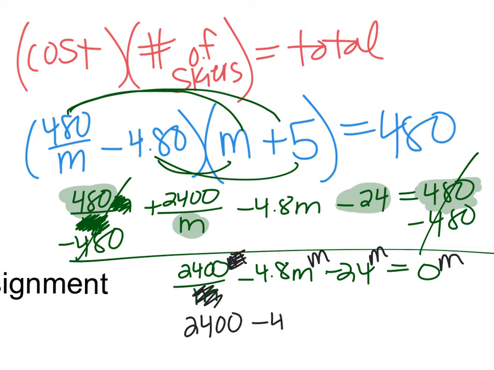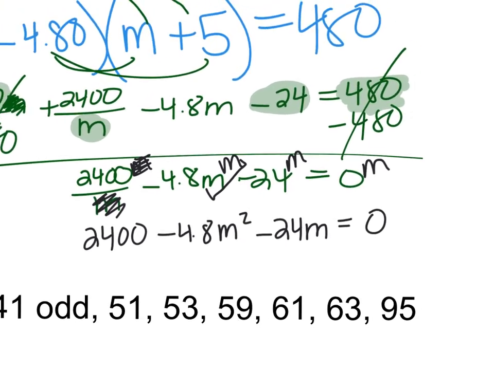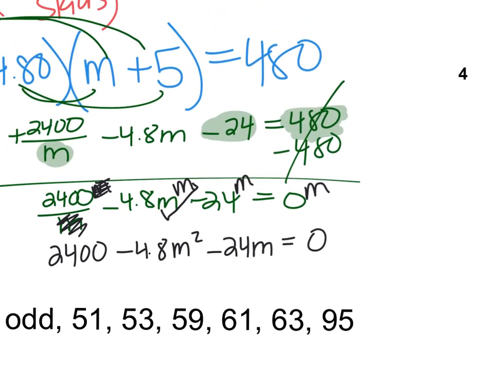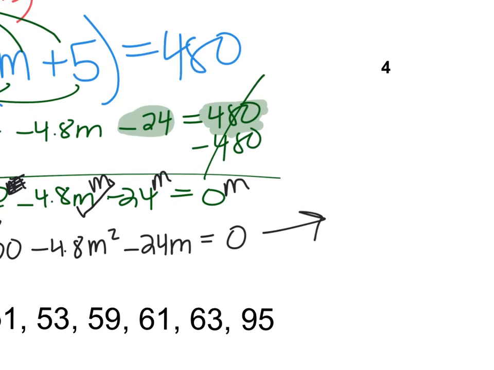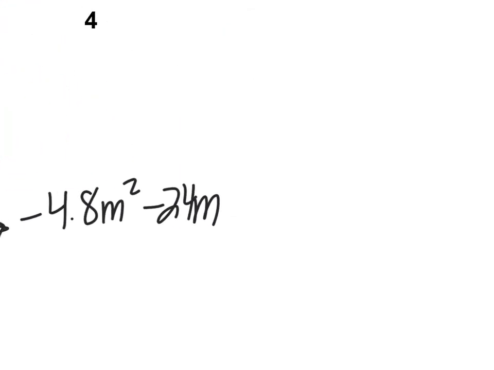And then negative 4.8, and this is going to be M times M, so M squared, minus 24 times M equals 0. And then I want this in standard form, so I'm going to write it off to the side here so I don't run into your assignment. So in standard form, it'd be negative 4.8 M squared, and then negative 24M, and then the positive 2400.